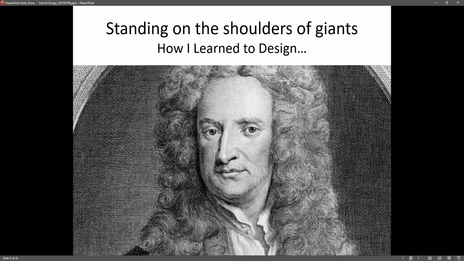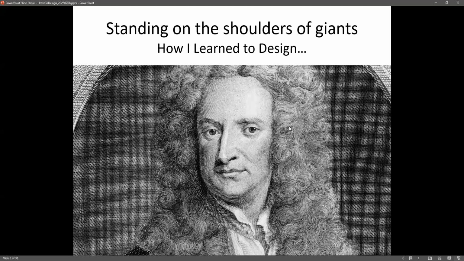Did you know he ran the mint for a while and solved a problem that the Royal Mint was having with forgeries? But anyway, when people asked him how he was able to achieve so much, he said that he was able to see so far because he stood on the shoulders of giants. And this is so important. The British pound coin has Newton on it, and it says on the edge of the coin, standing on the shoulders of giants.